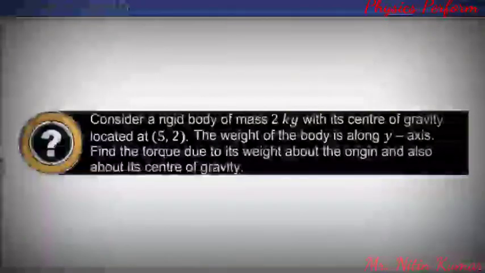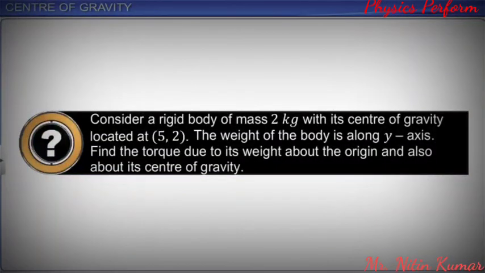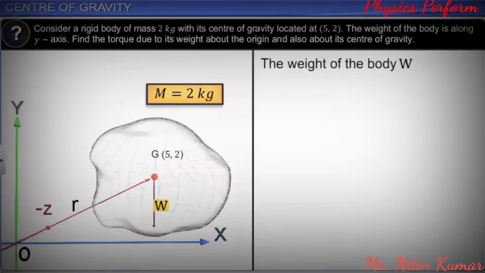For example, consider a rigid body of mass 2 kg with its center of gravity located at (5, 2). If the weight of the body is along the y-axis, find the torque due to its weight about the origin and also about its center of gravity. The weight of the body W equals mg, which is 2 into 9.8, equals 19.6 Newton.